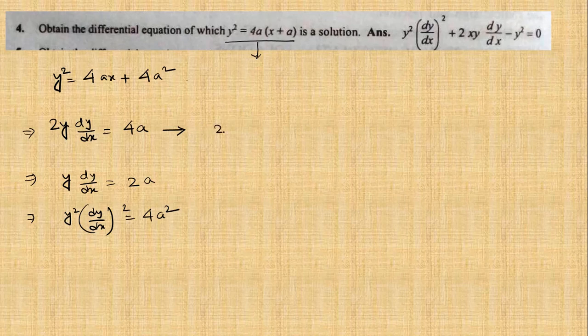So if we multiply 2ay dy/dx, that equals 4a square, meaning 4ax.